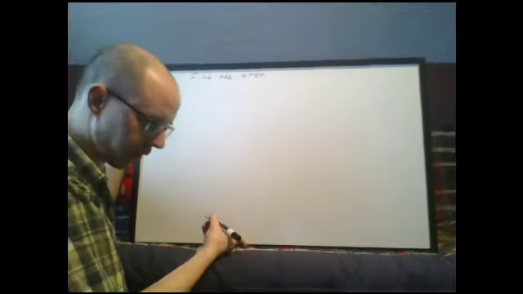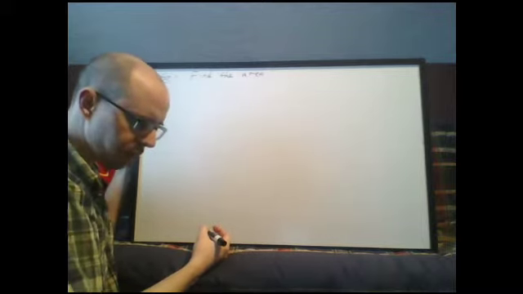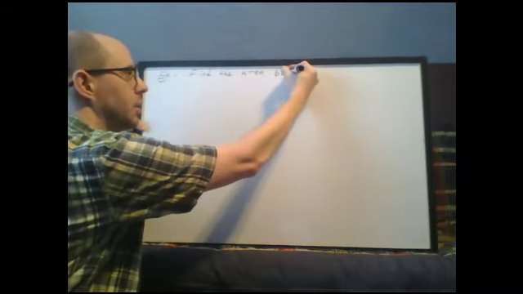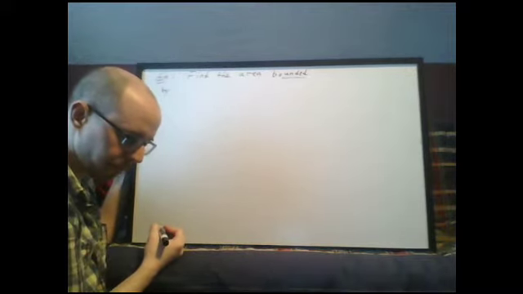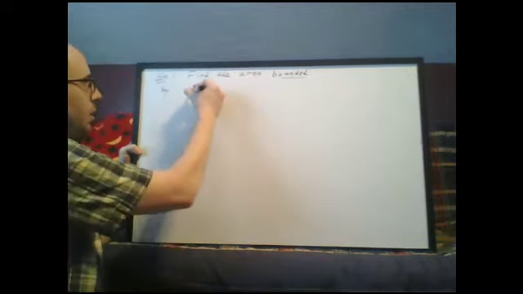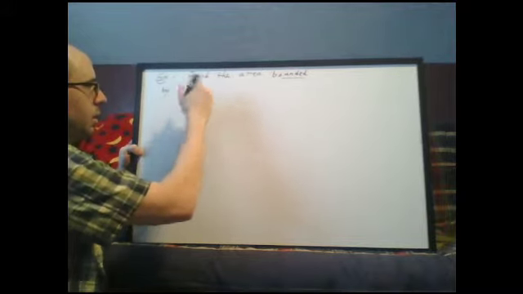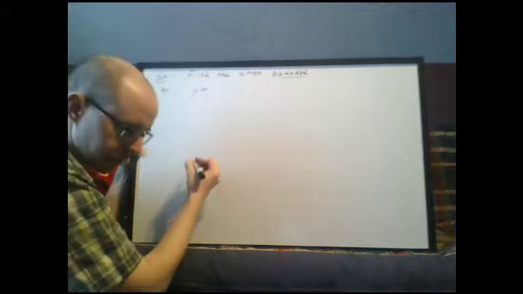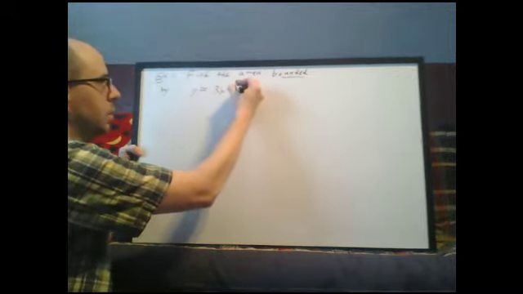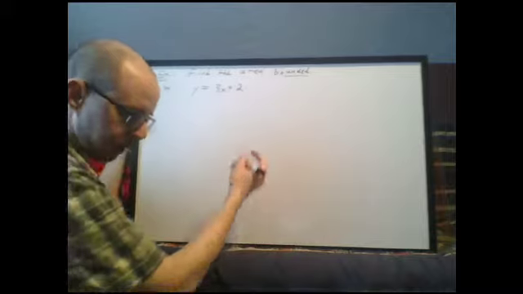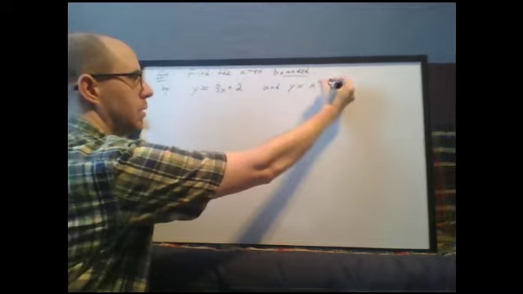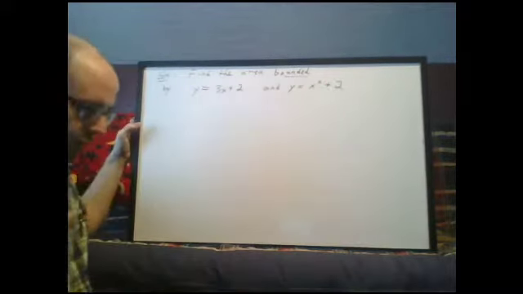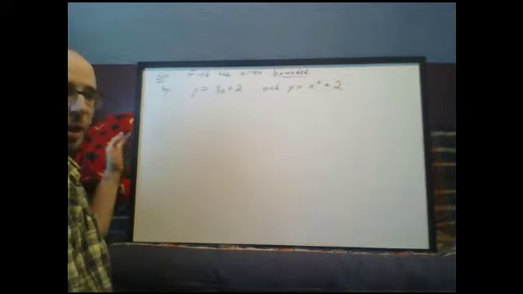I want to find the area, and I want to phrase it this way: bounded by the graphs, so by the curves, let's say y equals 3x plus 2 and y equals x squared plus 2. Okay, so that's the entire problem. That's the way it's worded.